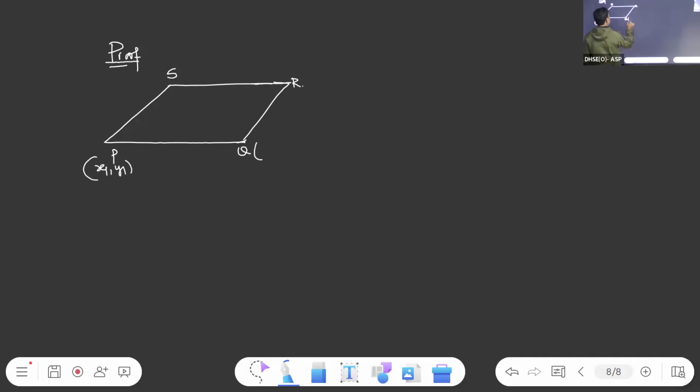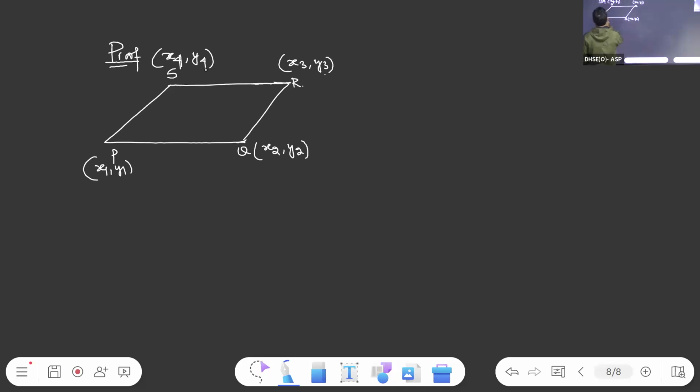Coordinates of point Q are x2, y2. Coordinates of point R are x3, y3. And coordinates of point S are x4, y4. It is given. And we have to establish the relation among x1, y1, x2, y2, x3, y3, and x4, y4.